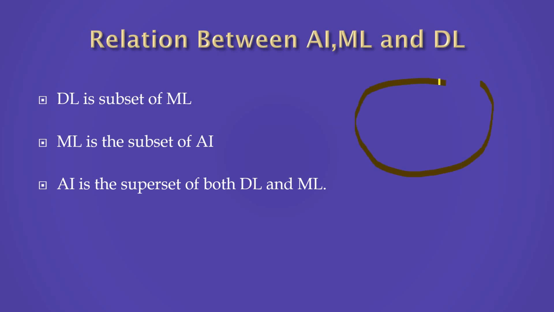If you consider this as AI, in this AI we can consider this one as the ML and this one as the DL. Like that, these are related with each other.